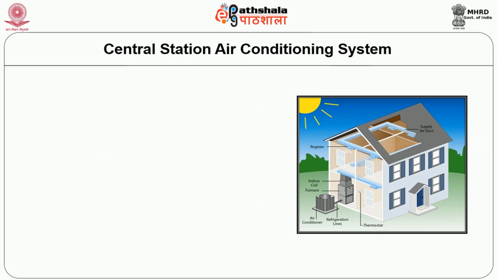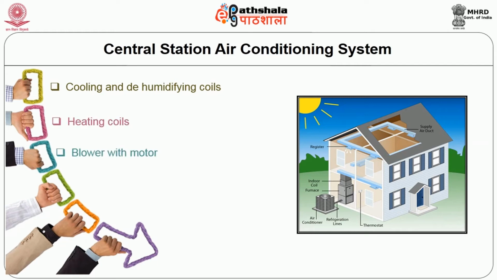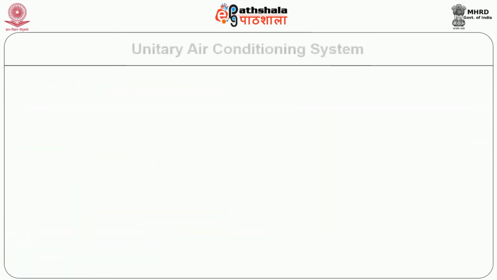Central station air conditioning system requires the following components assembled on the site: cooling and dehumidifying coils, heating coils, blower with motor, sprays for cooling, air cleaning equipments.